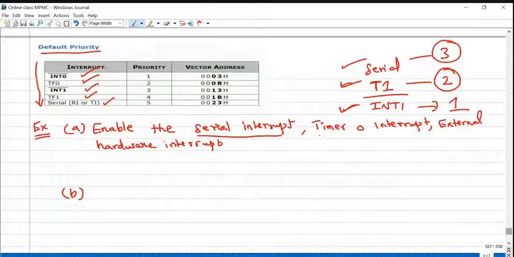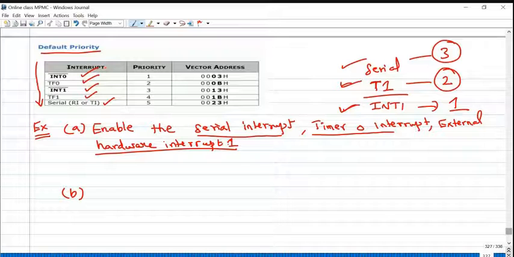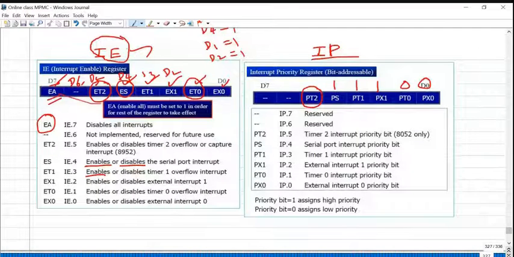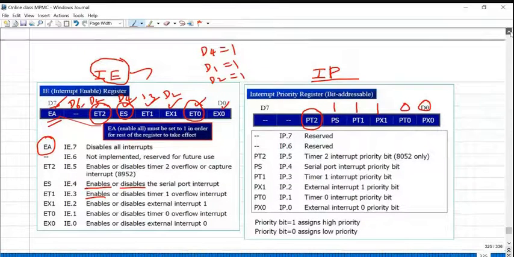Serial interrupt, timer 0 interrupt, external hardware interrupt 1. So serial interrupt D4 equal to 1. Next, timer 0 interrupt D1. D1 should be 1. Next, external interrupt 1, D2 equal to 1.